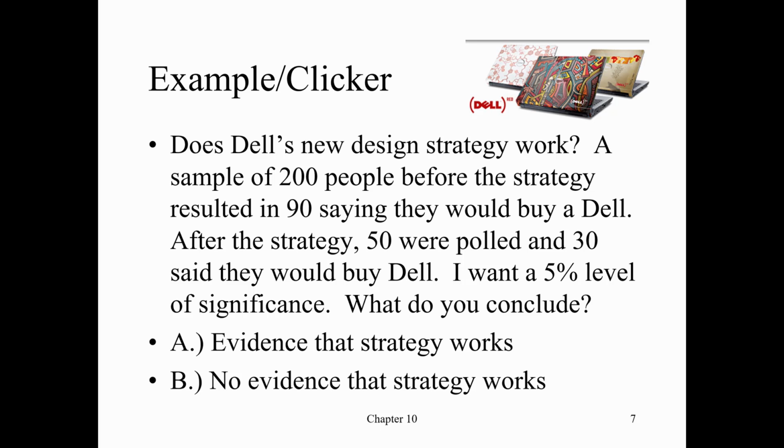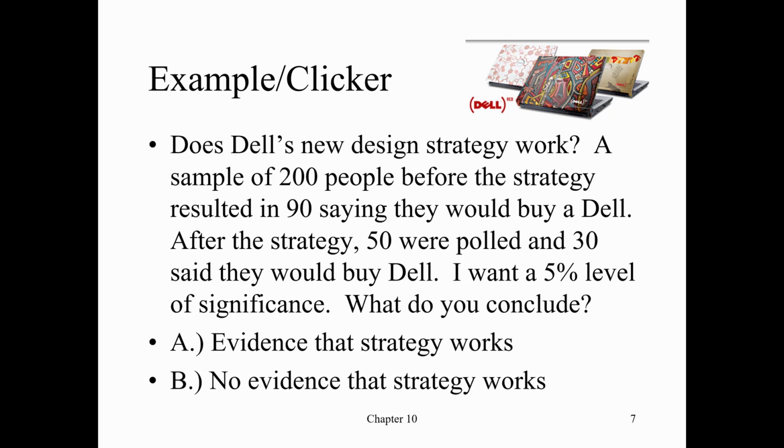Okay, so in setting up the hypotheses, I know the null always has the equals. Basically the null is going to say that there's no difference. The claim is that the strategy works, which means the proportion after should be greater than the proportion before. So if we're putting it in order of before and then after, you would actually have a less than sign.